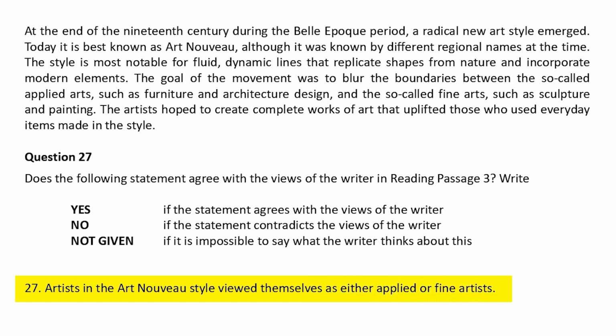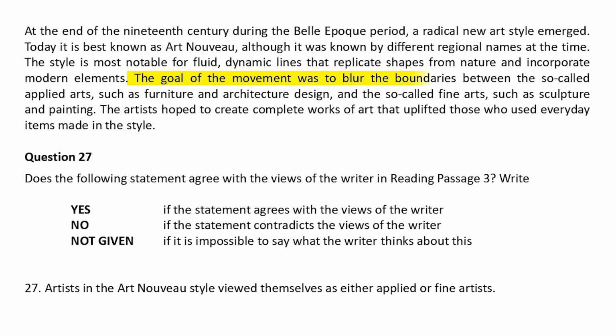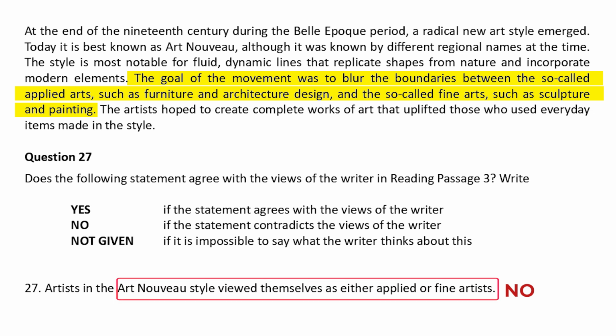Now, let's take a look at the key part of the passage. It says, the goal of the movement was to blur the boundaries between the so-called applied arts, such as furniture and architecture design, and the so-called fine arts, such as sculpture and painting. So the correct answer is no. Why? Because the statement in the question says Art Nouveau artists saw themselves as either one or the other, applied or fine artists.